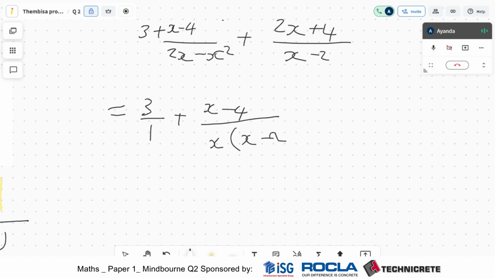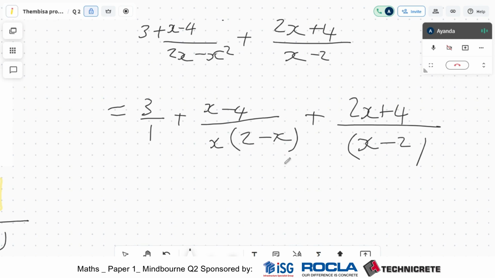We can write this as x times 2 minus x, and then here we have 2x plus 4 over x minus 2.